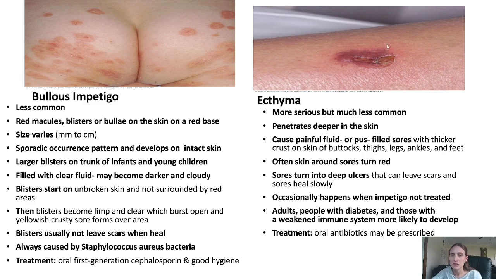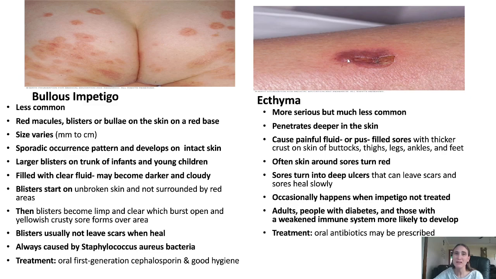Now we have ecthyma, and you can see in this picture, this one is more serious because it penetrates deeper into the skin. It's painful, and you do have fluid or pus-filled sores. It has a thicker crust on it, and it's usually on the buttocks, thighs, legs, feet, and ankles. Often around there you'll see redness, and it turns into deep ulcers, which can leave scars, and they heal more slowly.